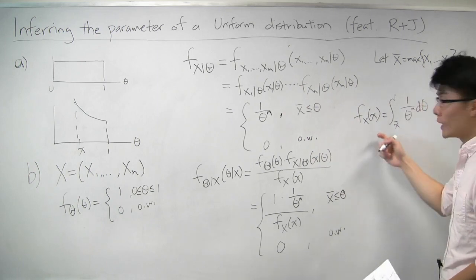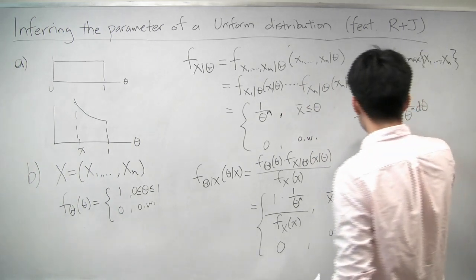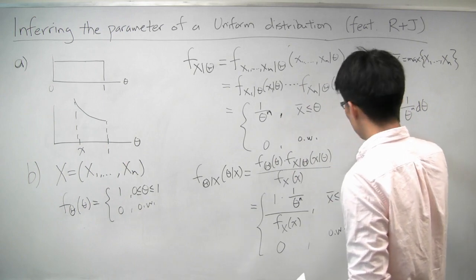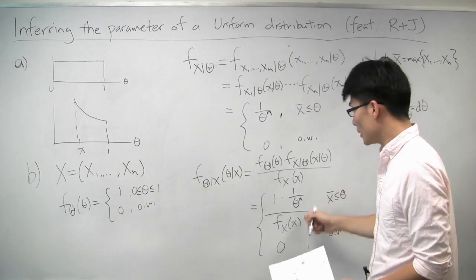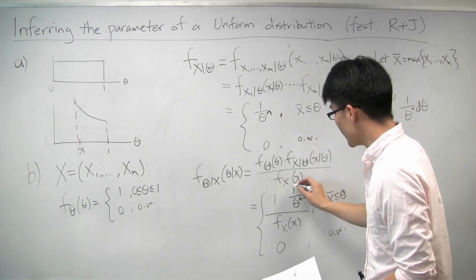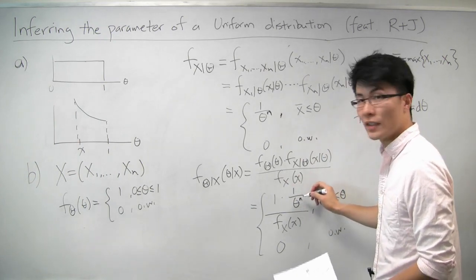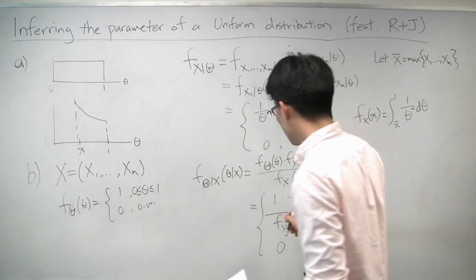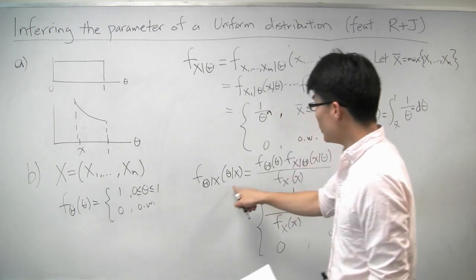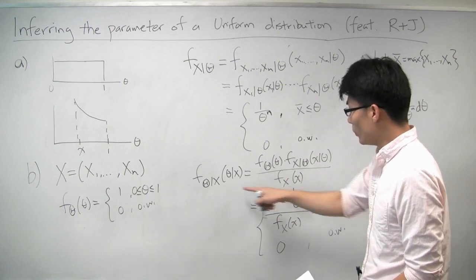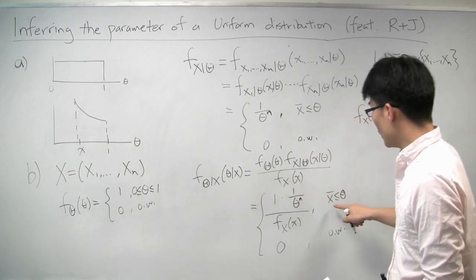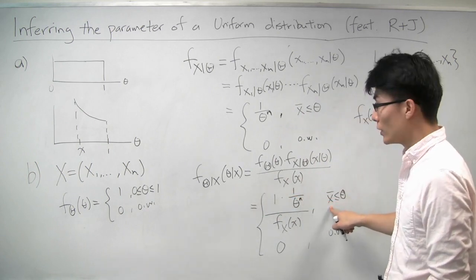And if we wanted to, we can do out this fairly simple calculus to calculate what this normalization factor would be. But the main point is that the shape of it will be dictated by this 1 over theta to the n term. And so now we know that with n pieces of data, the shape will be 1 over theta to the n, where theta has to be at least greater than or equal to x bar.